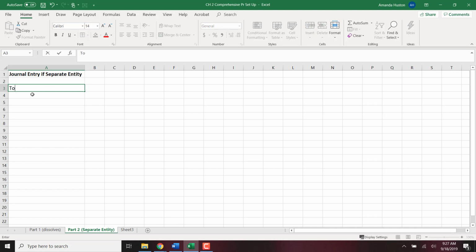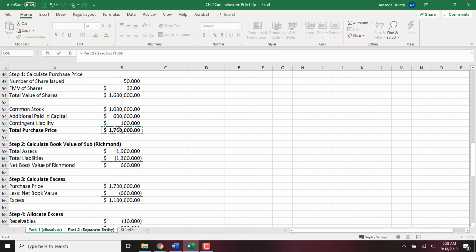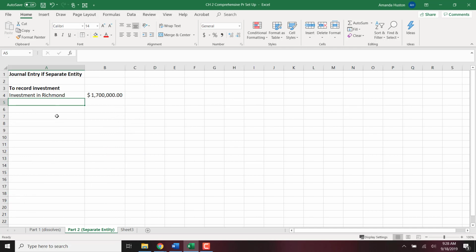So to record the investment, we would make a journal entry and it would say investment in Richmond, right? And it would be for 1,700,000, which is the purchase price.